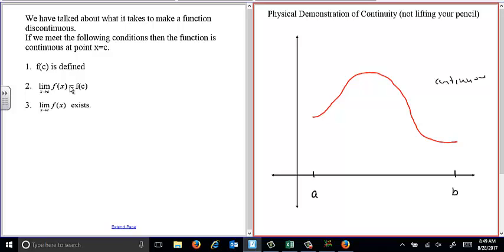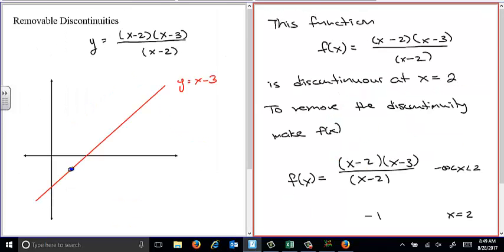But now that I've put that point there, the value of the function is defined at x equals c. It's equal to negative 1. The limit is equal to the value of the function because I picked this point so that it equaled the limit, and also the limit exists.